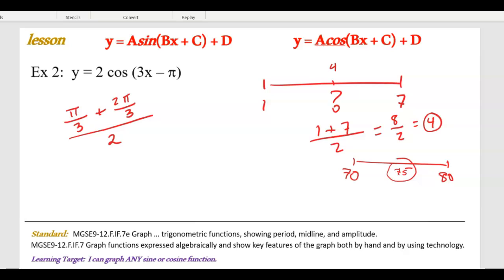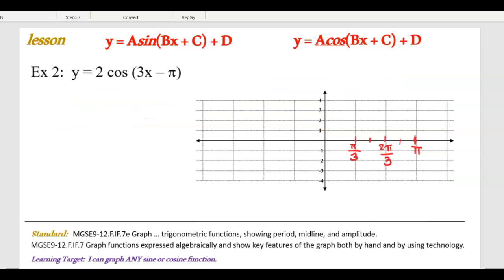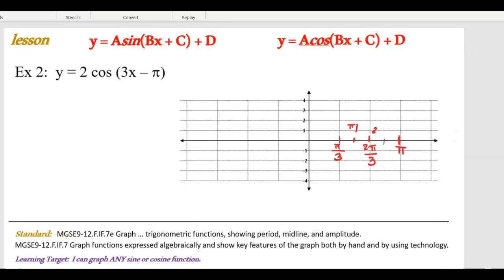Okay, so pi over 3 plus 2 pi over 3 is 3 pi over 3, which is just pi, so therefore pi over 2. So my first label is pi over 2.